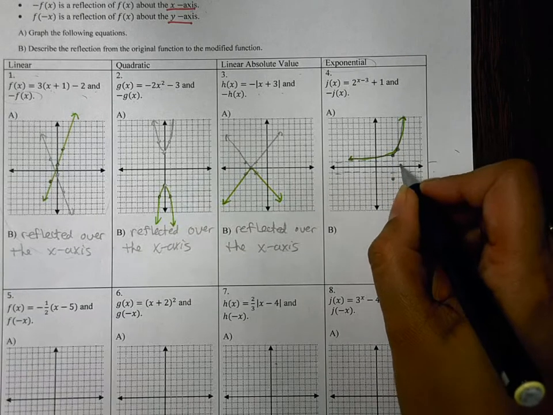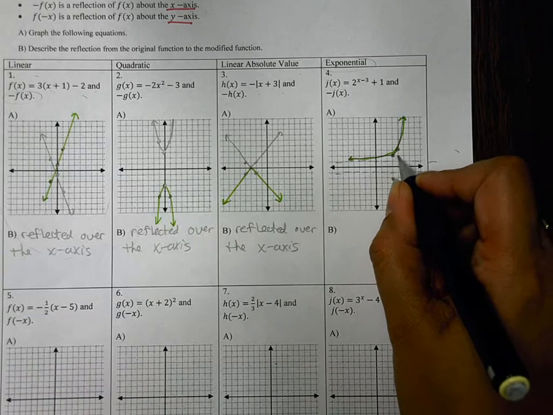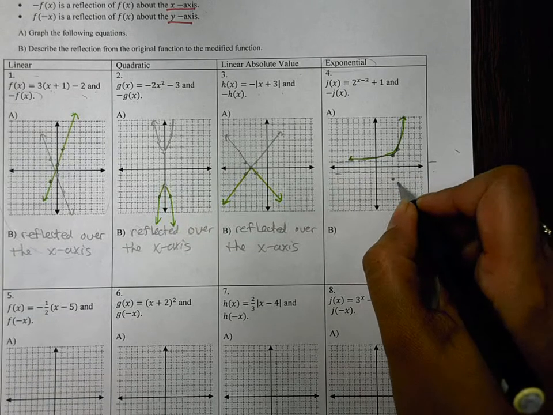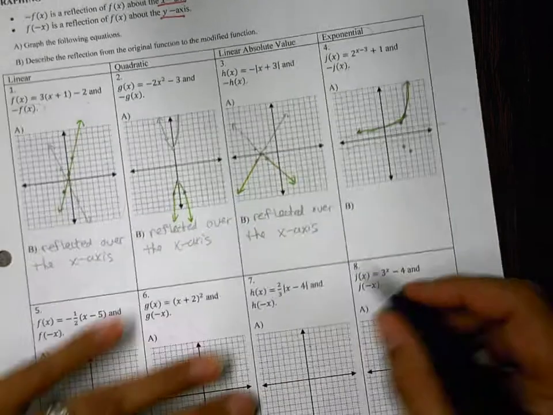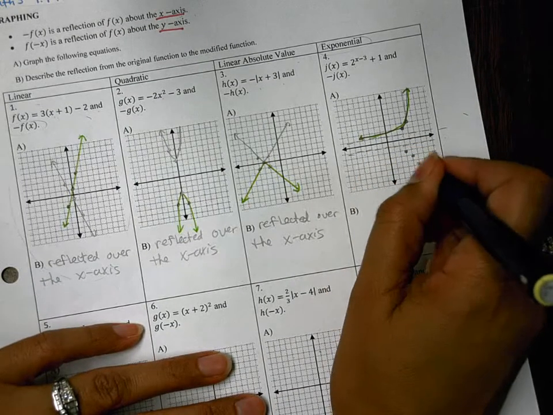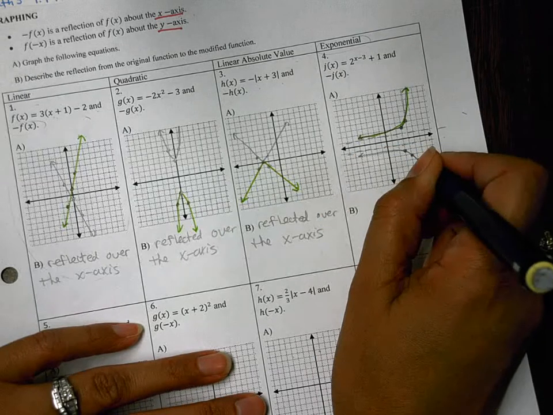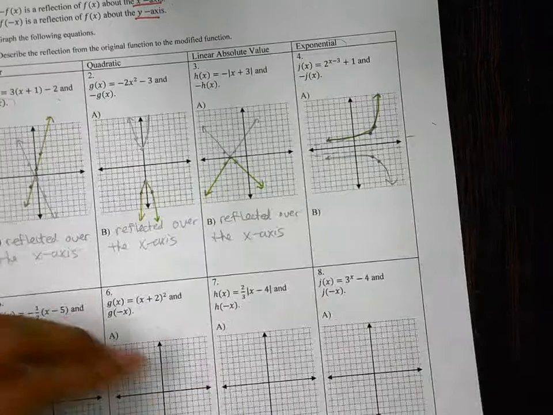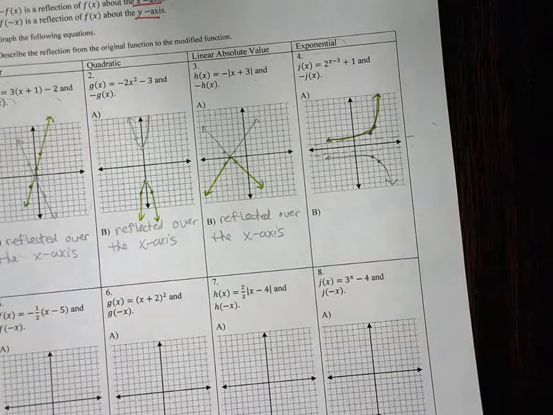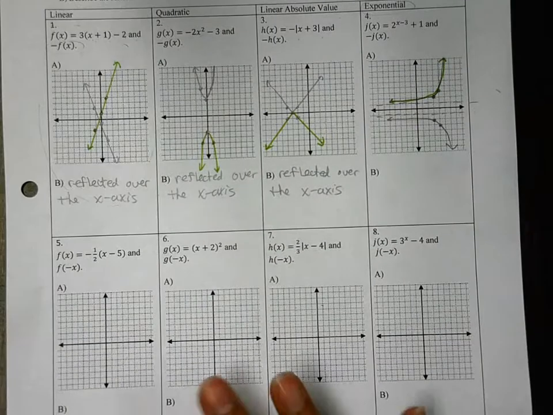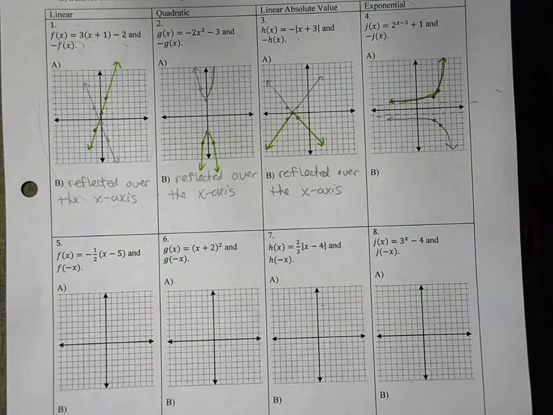That second point from the x-axis is 1, 2, 3 up, so I'm going to go 1, 2, 3 down and make my graph. And you can see if you were to fold your graph on the x-axis, it would be a mirror image. Not quite because we're hand drawing, but if you had a graphing calculator and plugged them in, it would work.